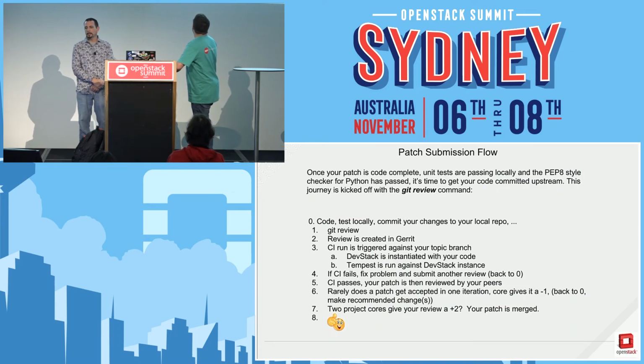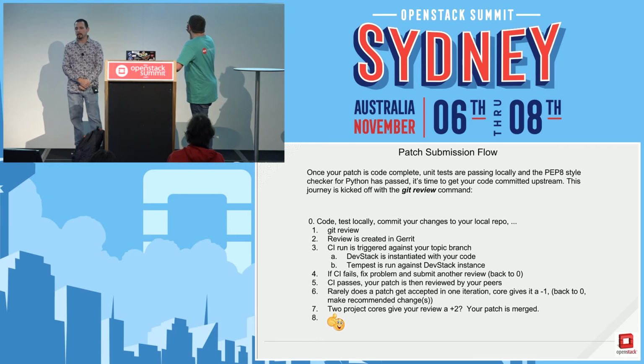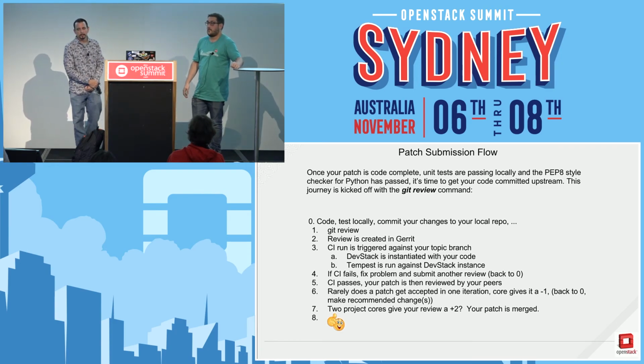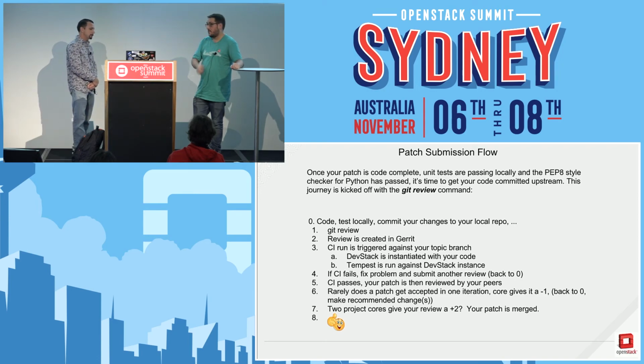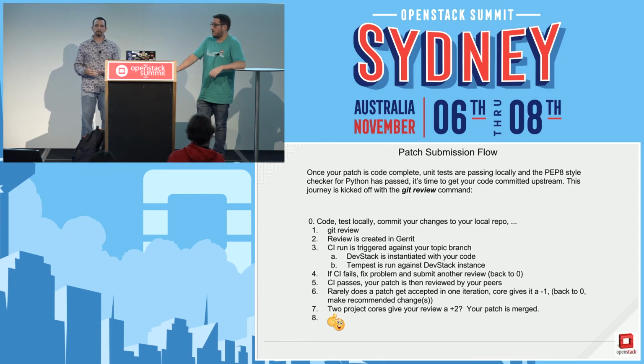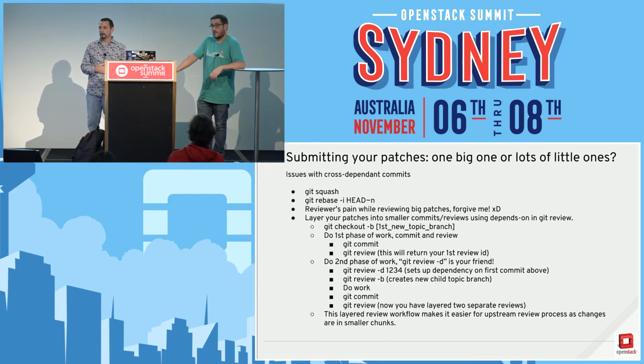Some things to keep in mind with the patch submission flow is smaller is better, right? So try not to make large commits because you'll get more negative response from the community. The smaller your patches are, the better luck you will have getting them reviewed and accepted.